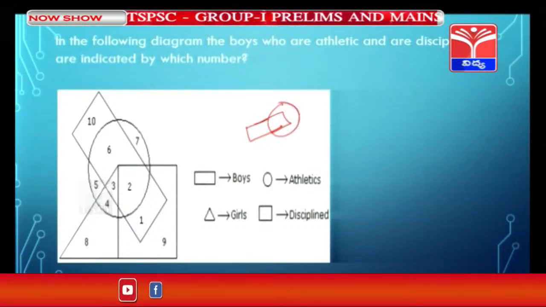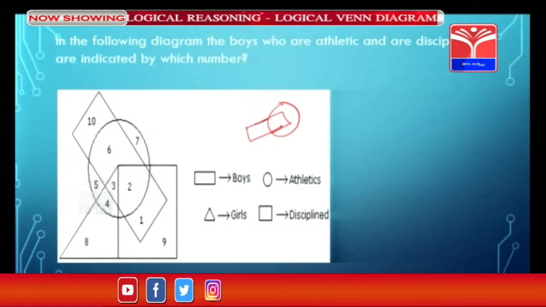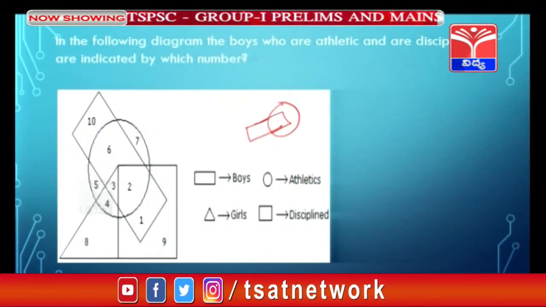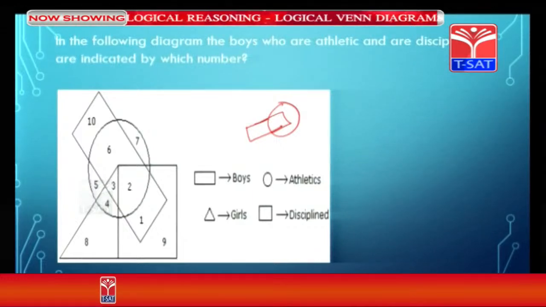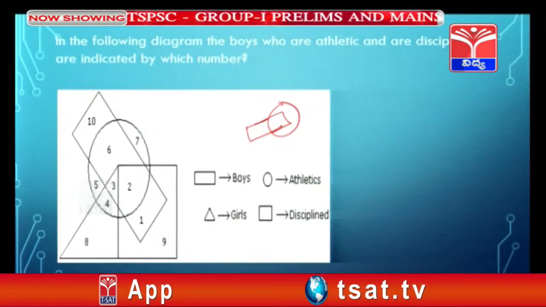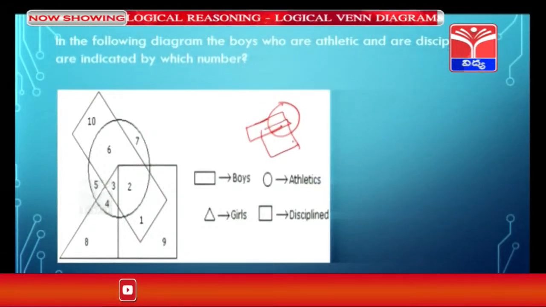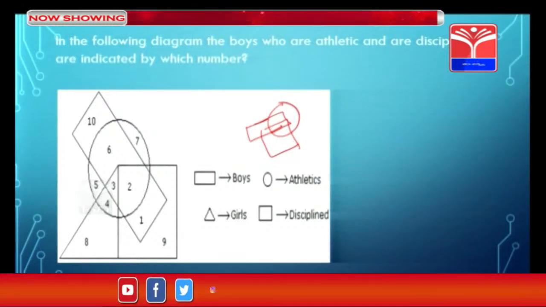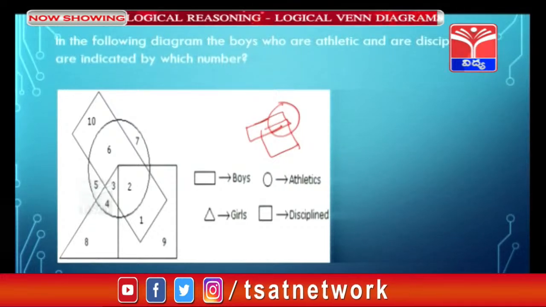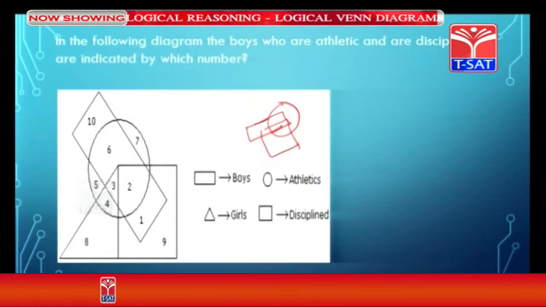And the next one, they are disciplined. Boys means rectangle, athletics means circle, and discipline comes under the square. So now we have to find the number which is under the rectangle, circle and square.